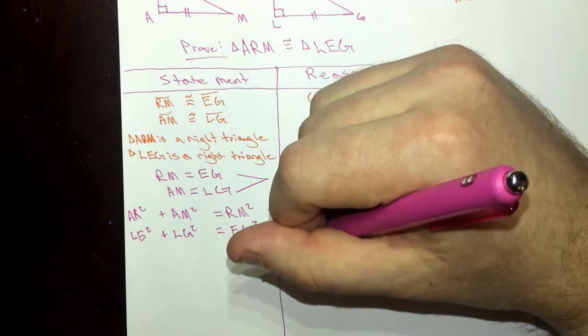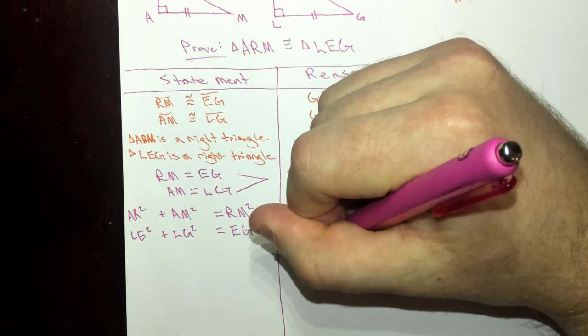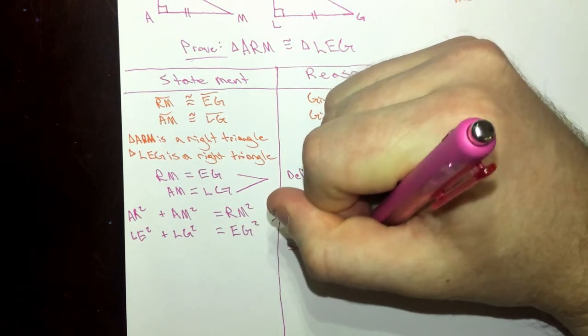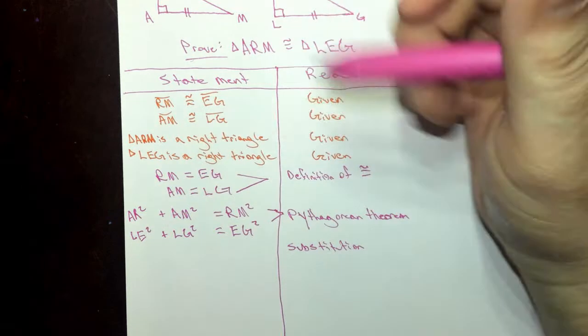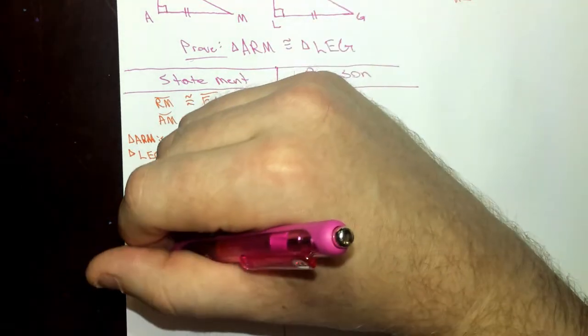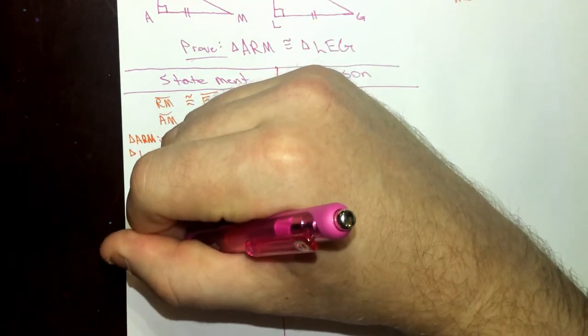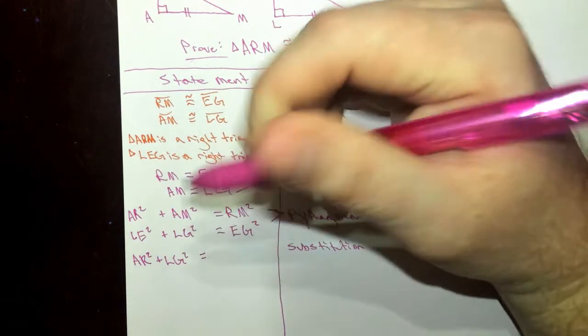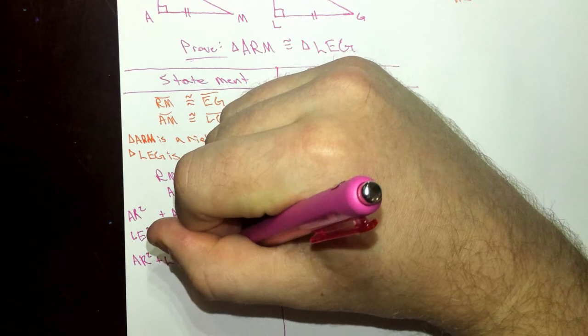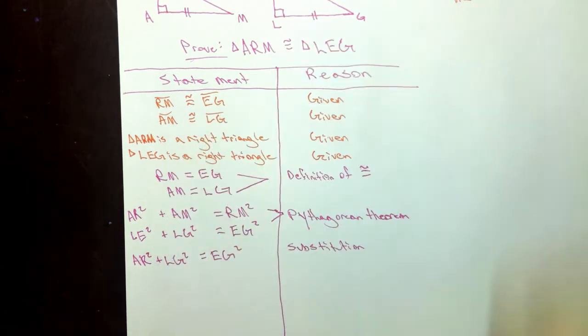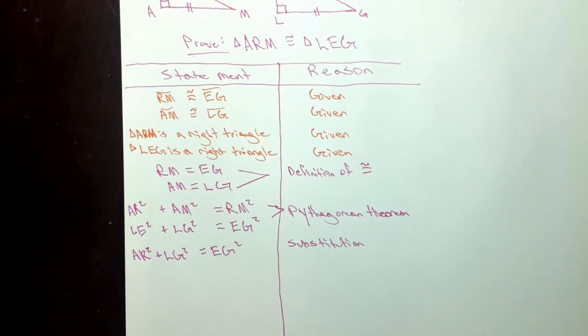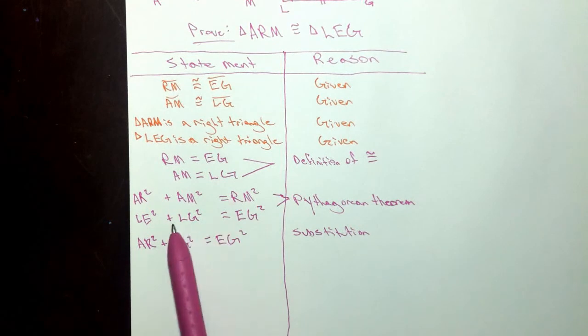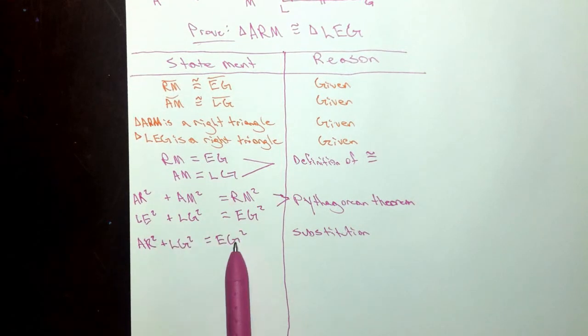So I'll use substitution to change that equation to AR squared plus LG squared is equal to EG squared, doing both of those substitutions in one step. Okay, now notice I have 2 equations that are both equal to the same thing. Both of these are now set equal to EG squared.